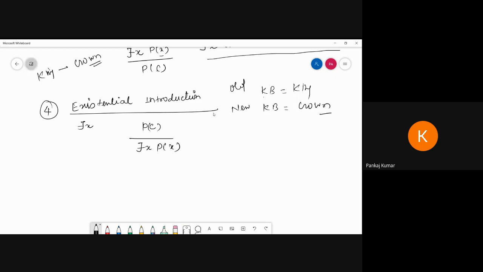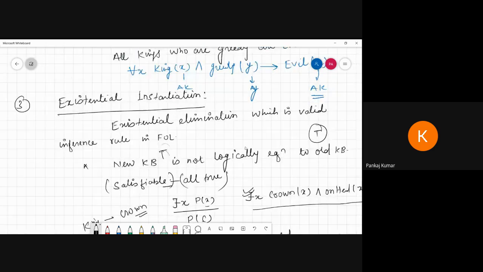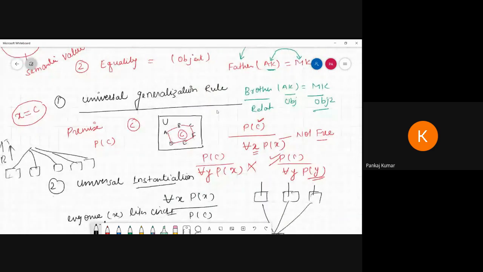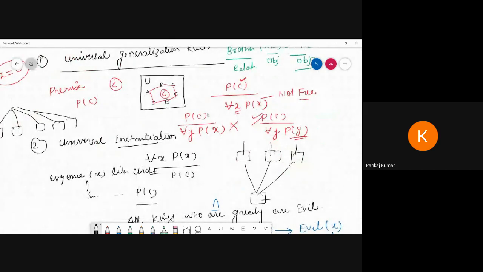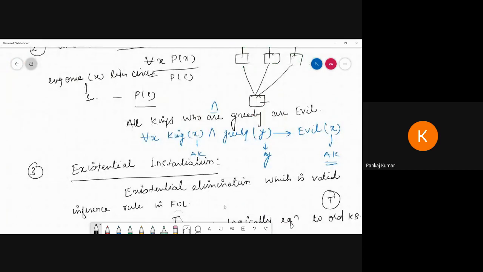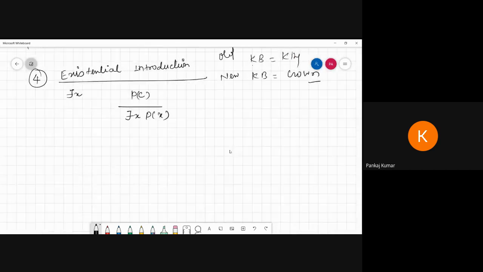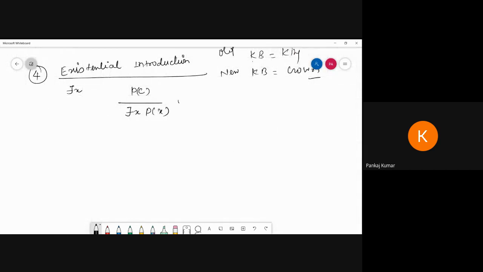Now see the first one. Now see, when we're talking about the generalization, it is similar to existential instantiation; the introduction is also similar. Okay, so we can write it in generalization terms.